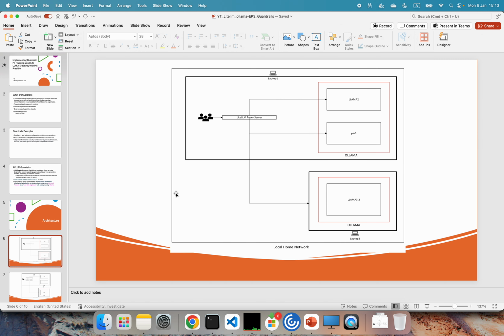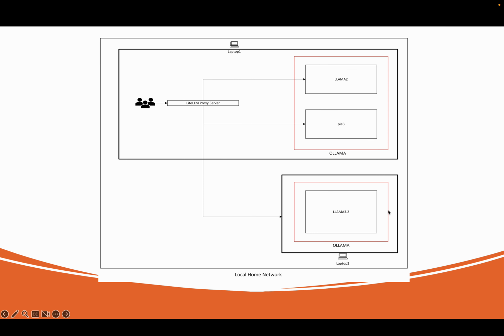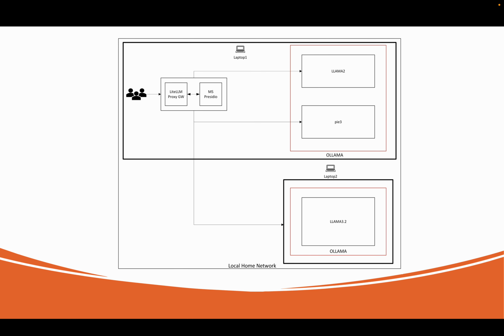In our previous episode, we created a local home network on two laptops on which separate Llama models were running. In the current one, on one of the laptops, along with the AI gateway, the LiteLLM gateway, we are also running the Microsoft Presidio tool, which helps in detecting the PII data.